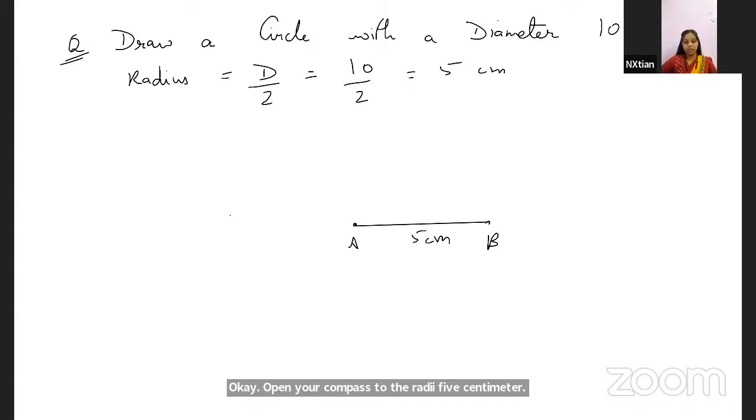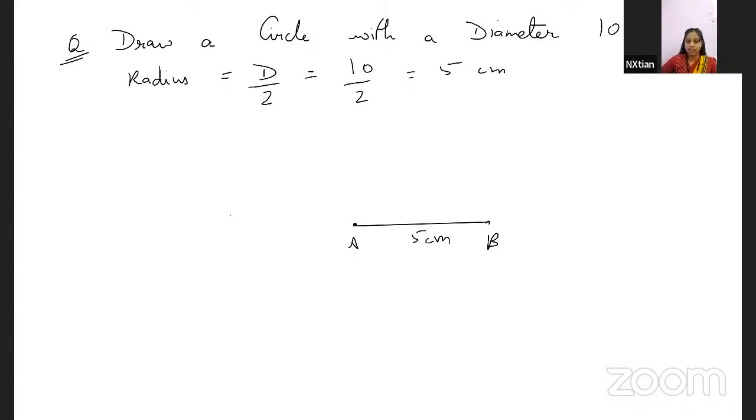Put the pointed part on point A. Then, with the compass extended to 5 centimeter, draw a circle.